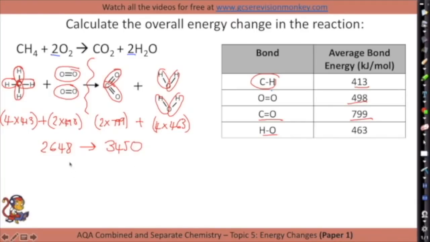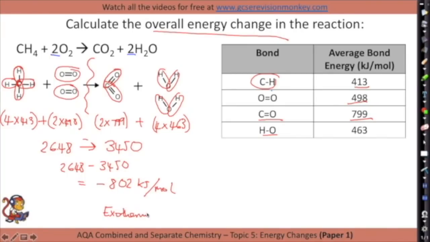Your final step you need to do is take 3450 from 2648, so do this number minus that number, and that gives you an answer of minus 802 kilojoules per mole. And that number there is the overall energy change in the reaction. And because it's negative, it gives you the clue that that is an exothermic reaction.